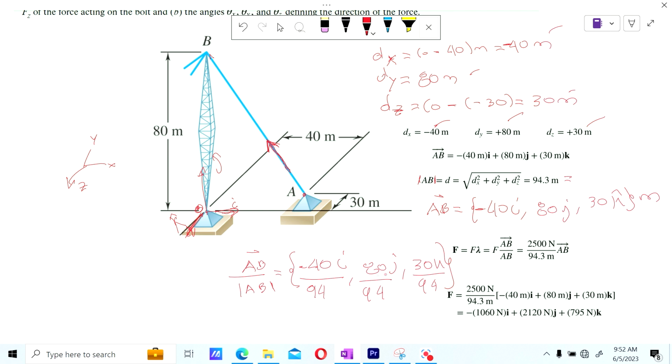Meters divided by meters, this is unitless, and we get, let us see, the calculator.